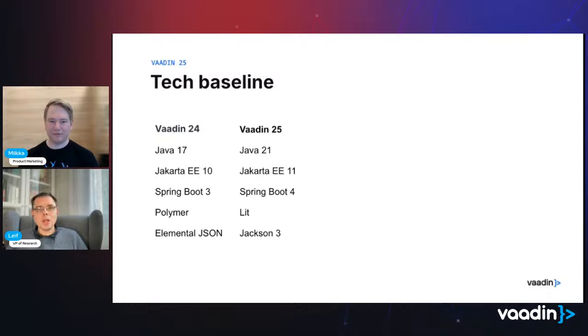Jakarta EE 11 will be the baseline on that side, and then for Spring we're updating to Spring Boot 4, which is still not even released, but they aim for November and we aim for December, so we will have a little bit of margin there also. So far there's been a little bit of breaking changes and things to adjust for in every milestone release, but hopefully that will also stabilize.